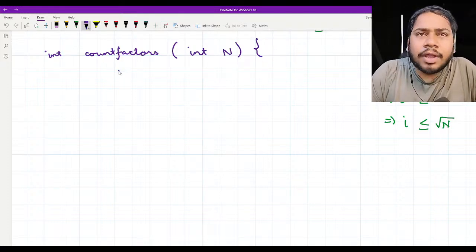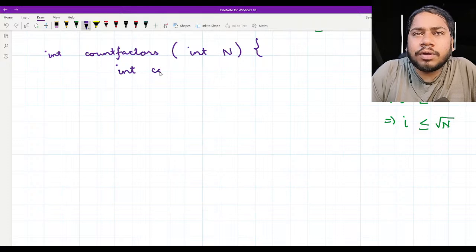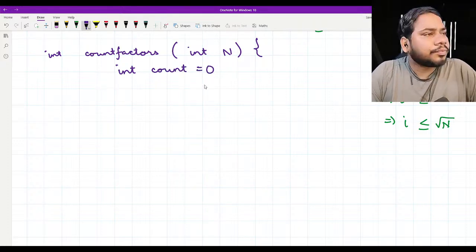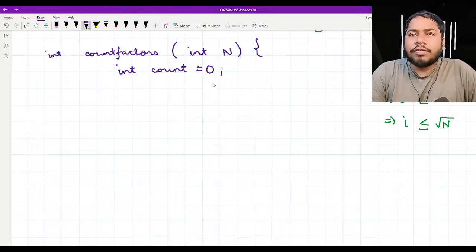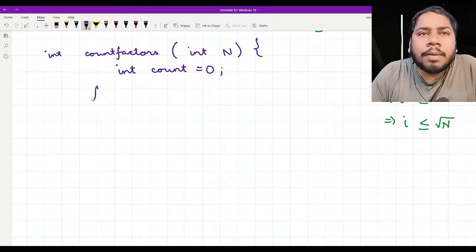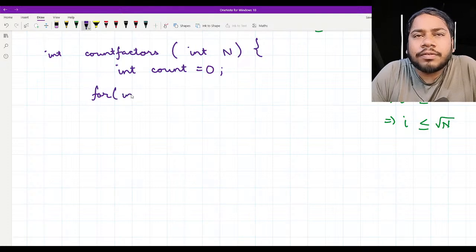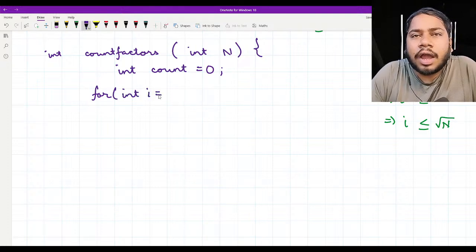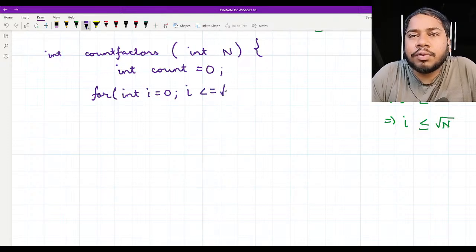We will have int count. Previously we had the same thing, right? Int count is equal to 0. And now we will have a for loop, and that for loop we will start from int I is equal to 0, I less than equal to root n. How we can write this?